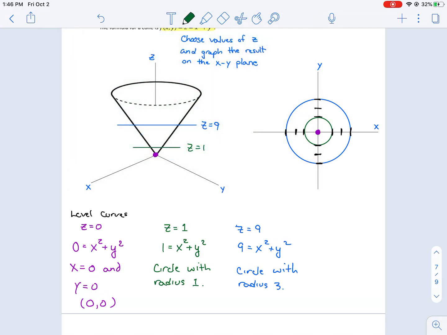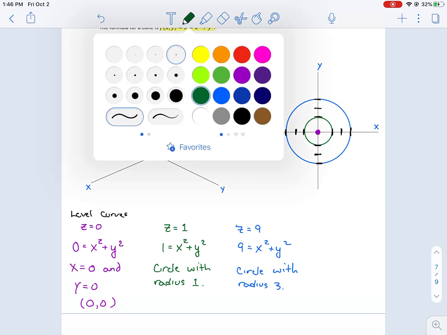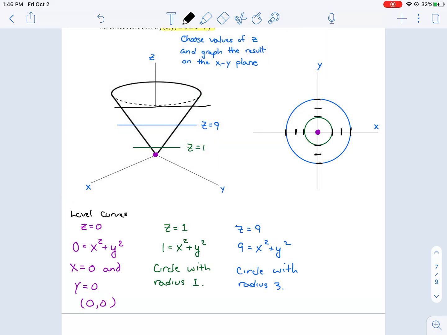And as the value of z increases, so let's say we went to, I don't know, 16, that would be a circle of radius 4. And the level curves would just get larger and larger and larger.